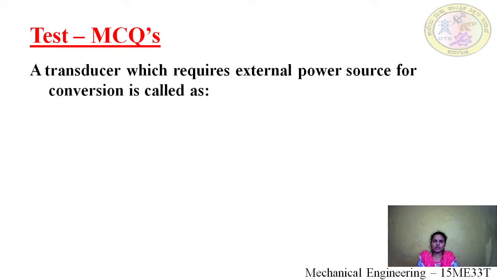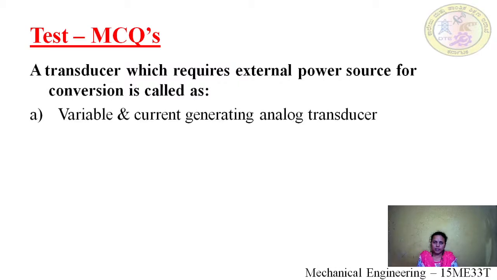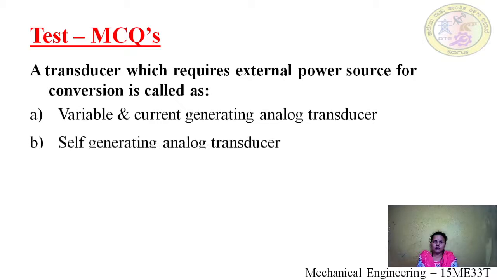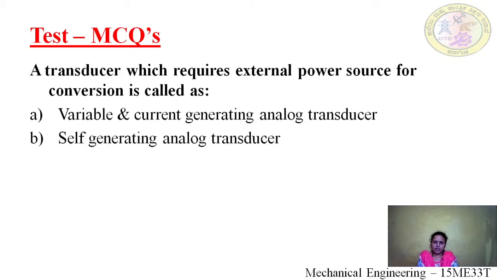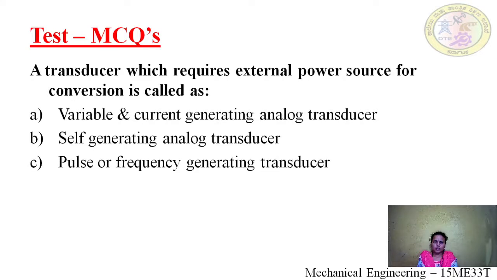The first question is, a transducer which requires an external power source for conversion is called as: option A, variable inductance generating analog transducer; option B, self-generating analog transducer; option C, pulse or frequency generating transducer; option D, digital transducer.